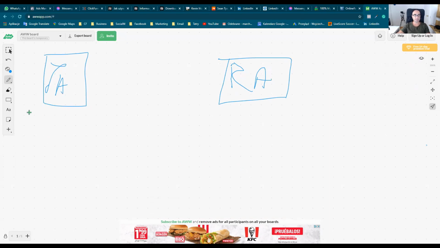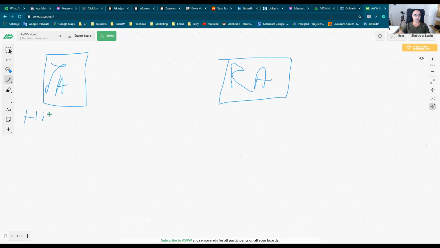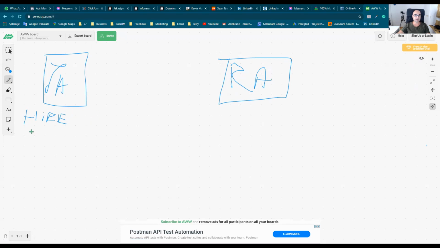A job agency hires people, the candidates, and a recruitment agency doesn't. They don't hire.